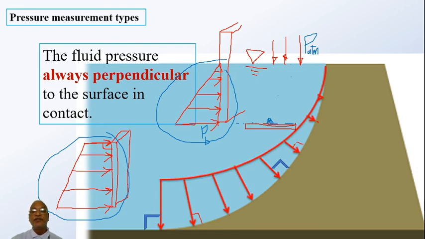Now pressure at this particular point will be the same as PB, but what is the change? The change is the direction in which the pressure is acting. It has to be perpendicular to the surface. Now if you ask over here how much is the pressure intensity, it is the same because it is at the same depth, right? Now if you ask over here, the same PB will be acting.